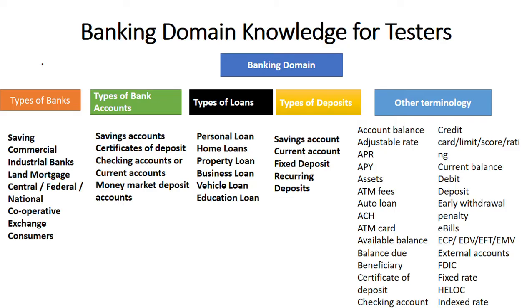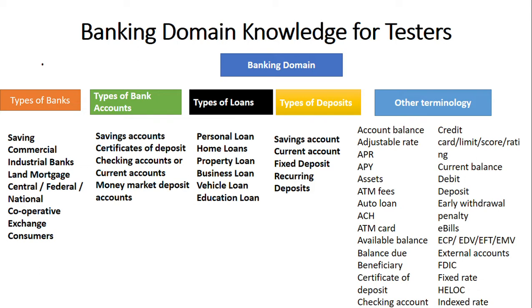Then the commercial banks are generally used by different businessmen. These banks collect money from the public and give short term loans to the businessmen. And the savings banks are generally what all common people use to keep their money.